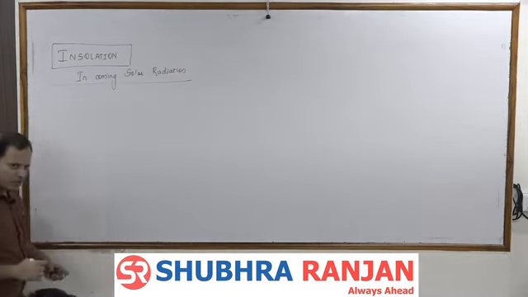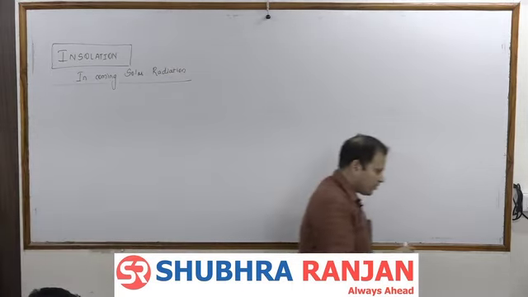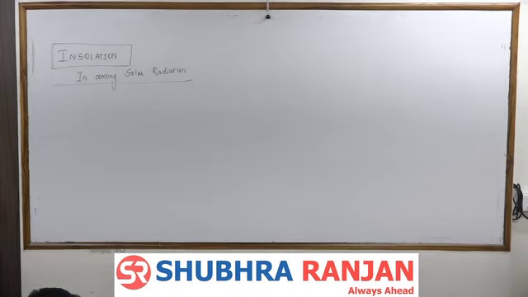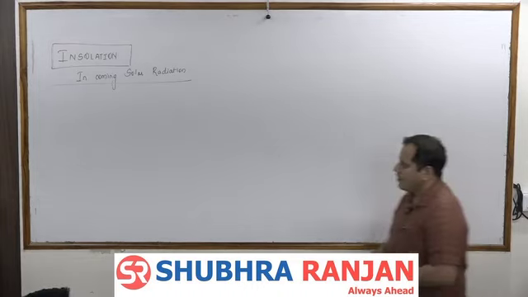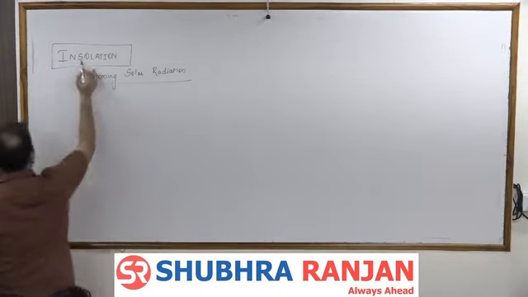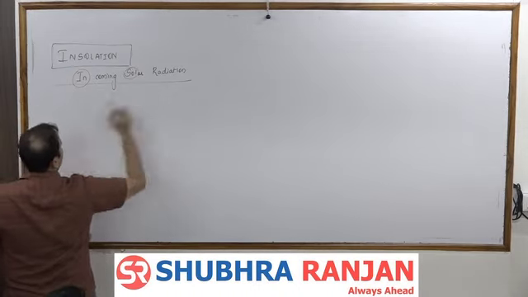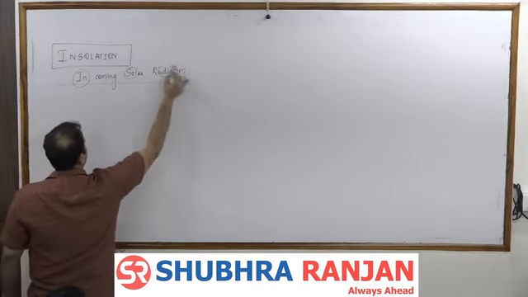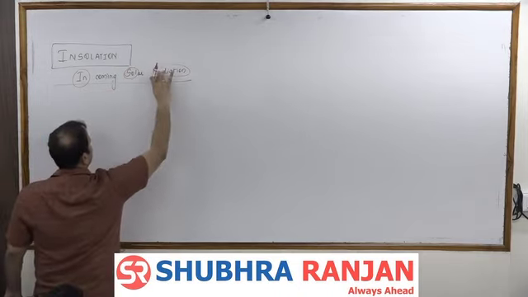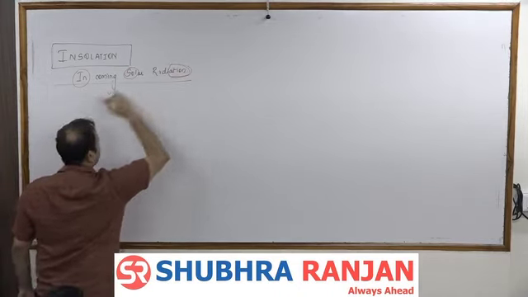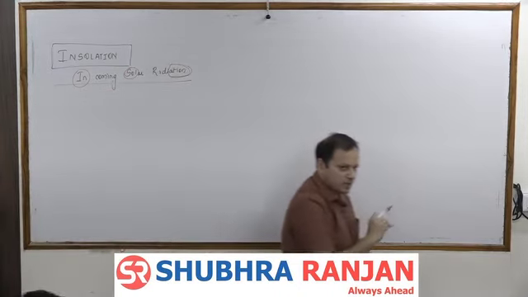So what is the insolation? Insolation is nothing but the short form for incoming solar radiation. The amount of solar radiation that reaches the earth is what is known as insolation.